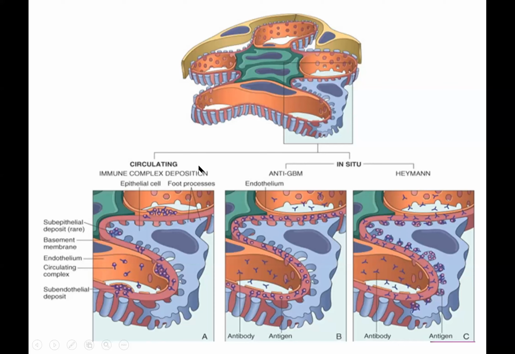So, the immune complexes may be circulating, or the antibodies are formed as a reaction to intrinsic antigens that are already present in your GBM. For example, let's take a look at this. In anti-GBM antibody-induced glomerulonephritis, the antibodies, as you can see, are lining up here.